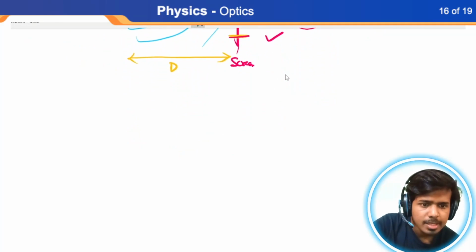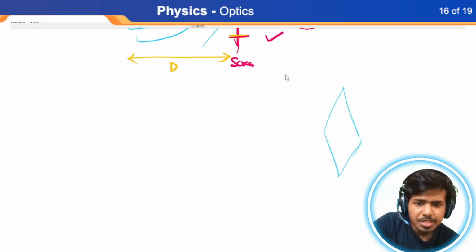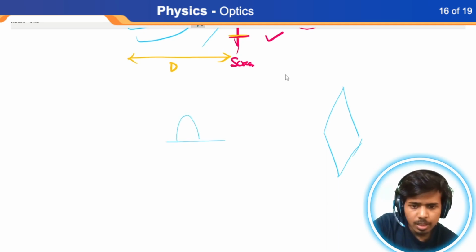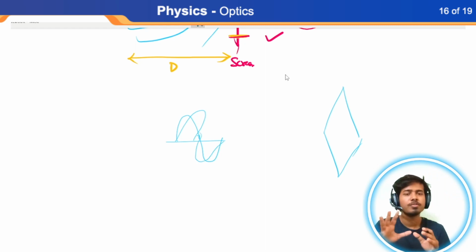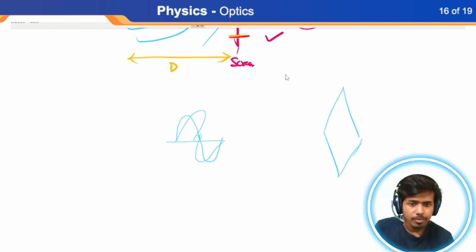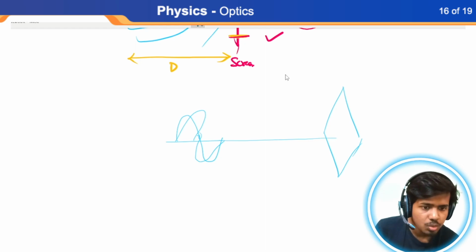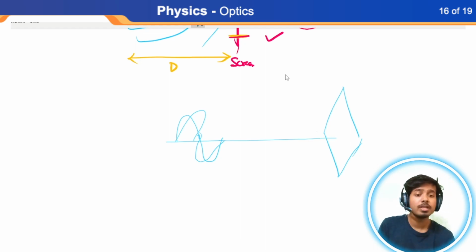So basically, a light is generally mixed. Let's talk about only the electric field part. Some is moving in this direction, some in this direction, and it is a mix of all the directions. When you pass this light through a polarizer, it doesn't allow all of the light to pass through.